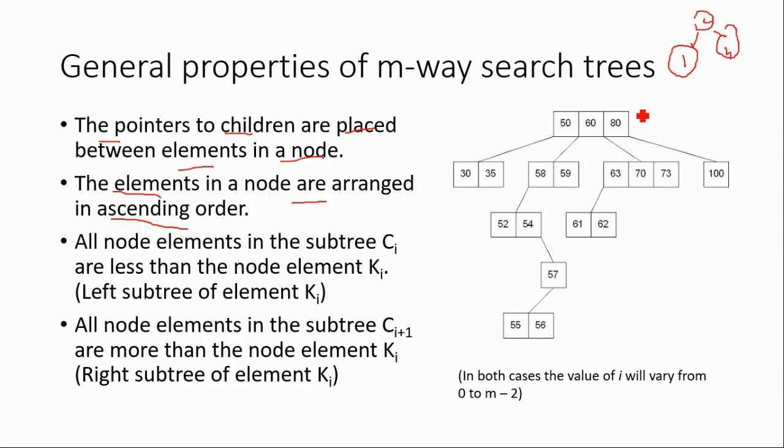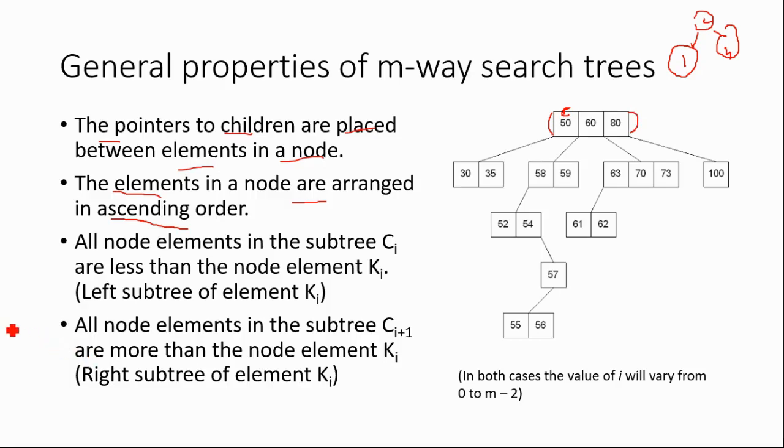So this M-way search tree not only satisfies this, but also within the node itself, the node elements will be arranged in ascending order. So for example, see this node: it has 50 first, then 60, then 80.